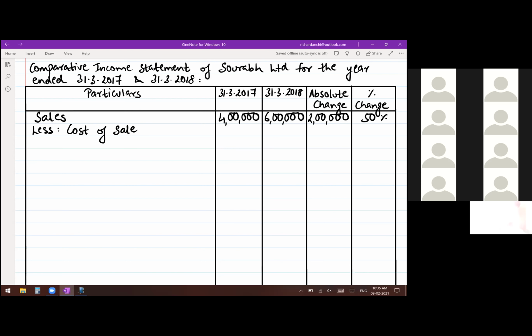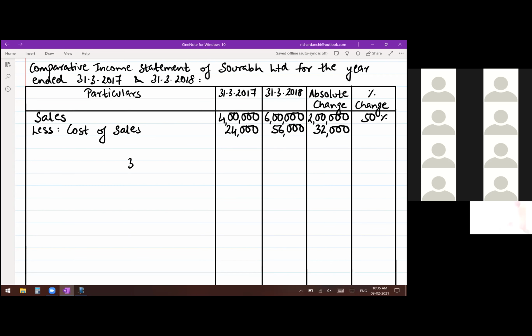So cost of sales for 2017, 24,000, and for 2018, 56,000. First calculate absolute change. 32,000.